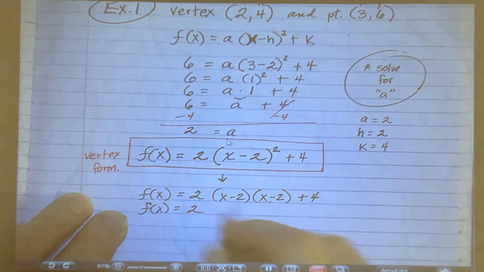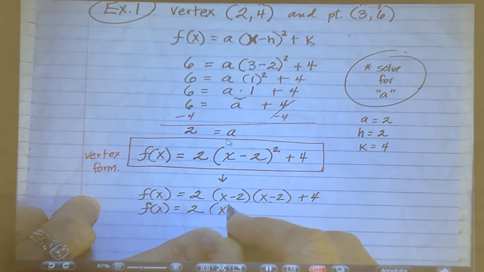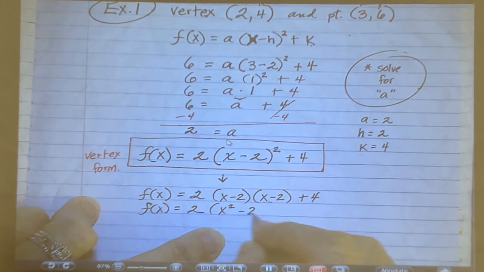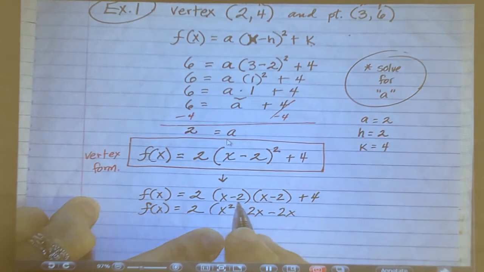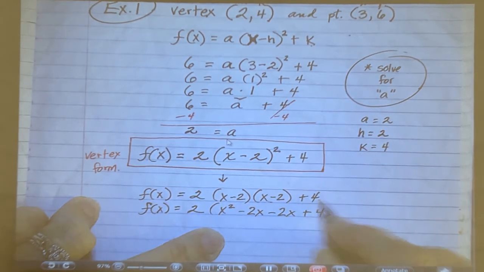X times x is x squared. The outer would be a negative 2x. The inner is also a negative 2x. And then the last is a positive 4, because negative 2 times negative 2 is positive 4. And then this is a separate positive 4.